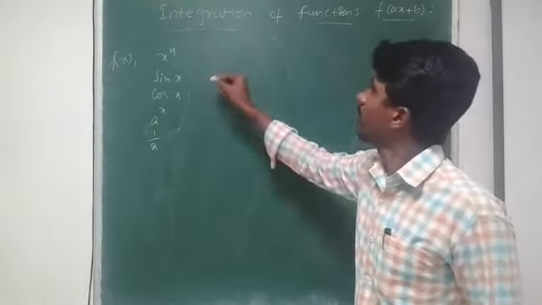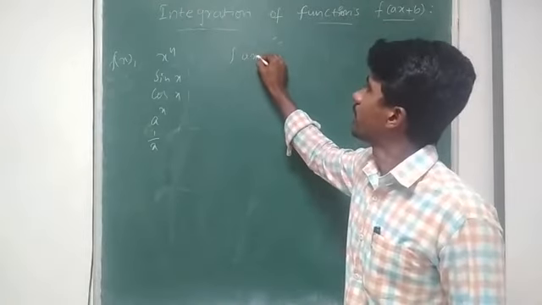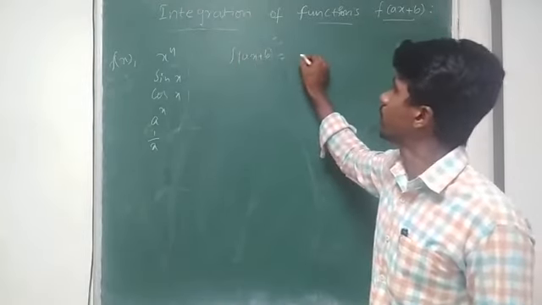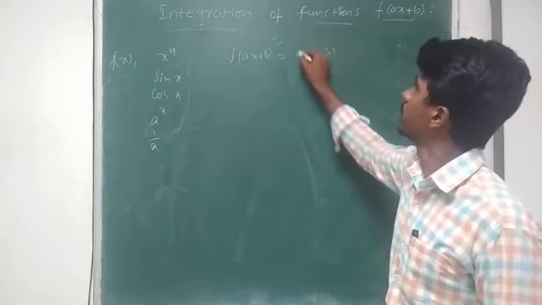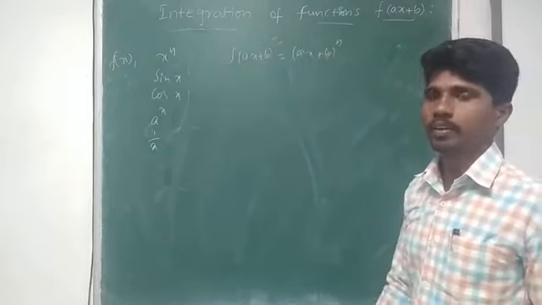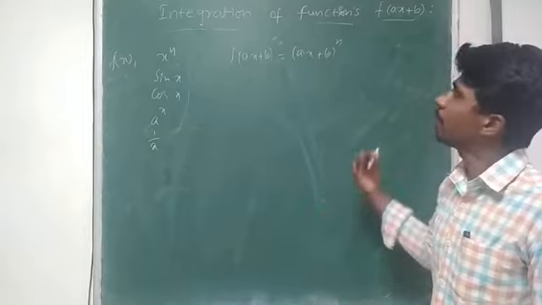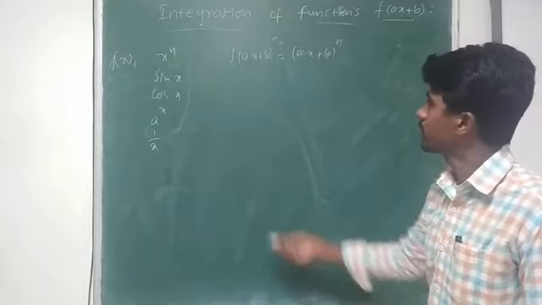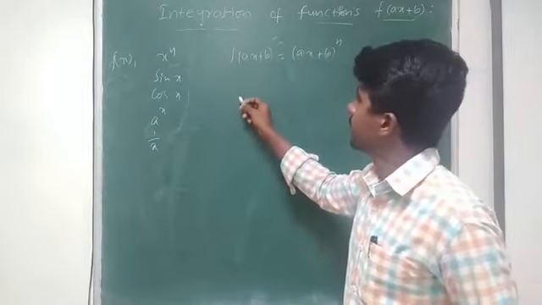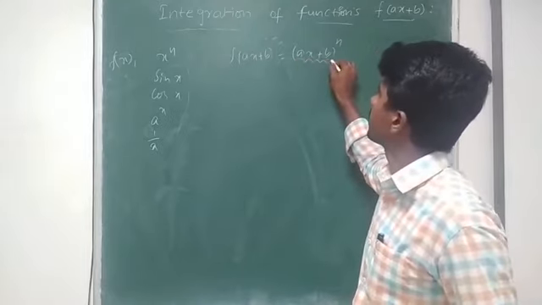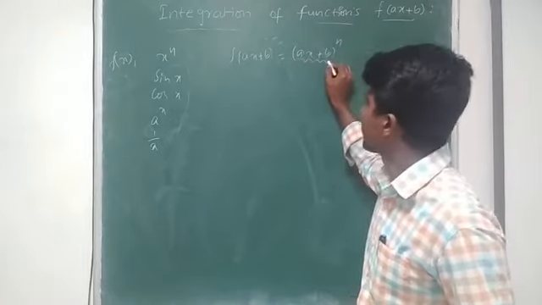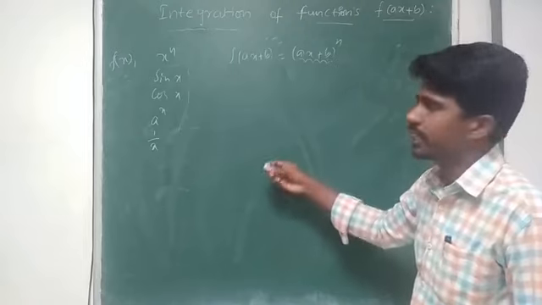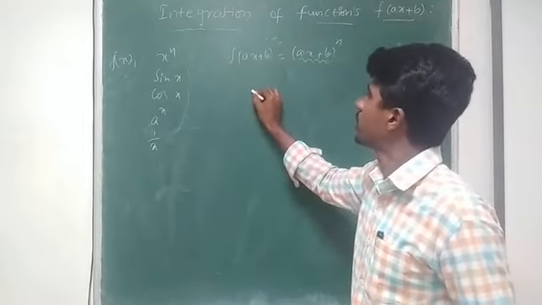If I have a function like f of ax plus b, which is equal to (ax plus b) to the power n, to integrate this type of function, I use the standard integration and I replace this ax plus b with some variable t. That's called the substitution method.